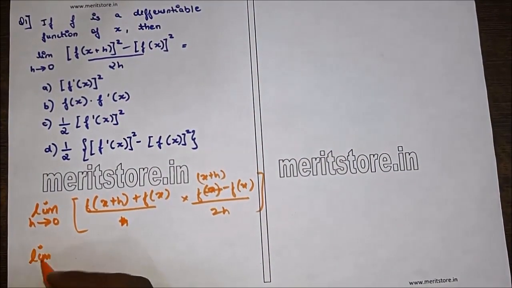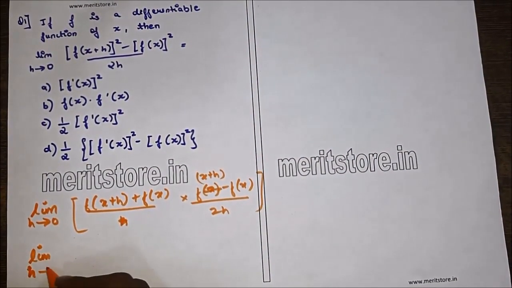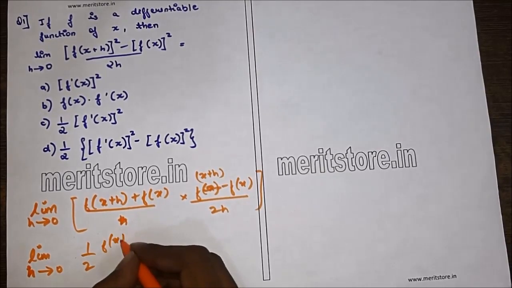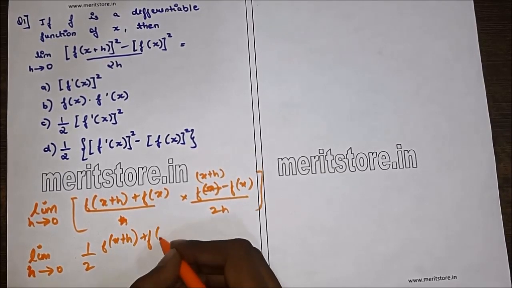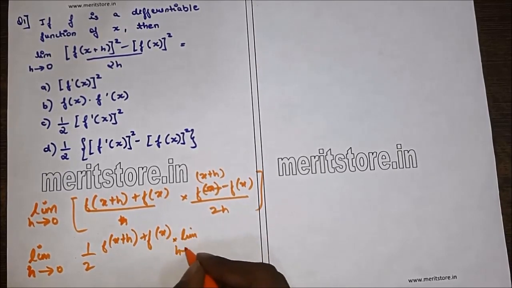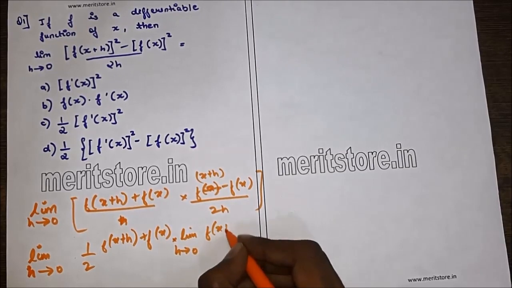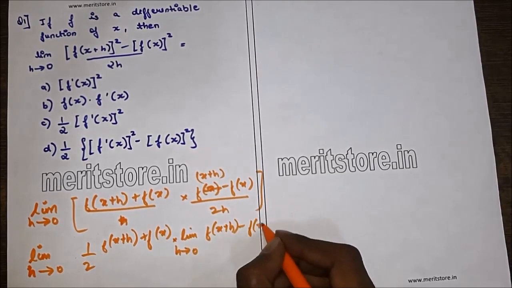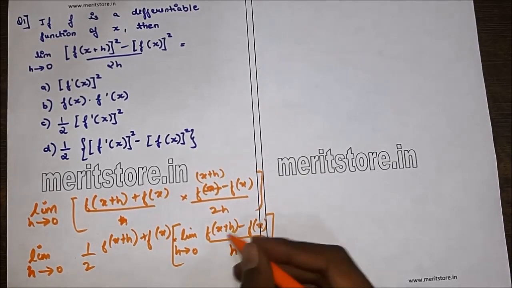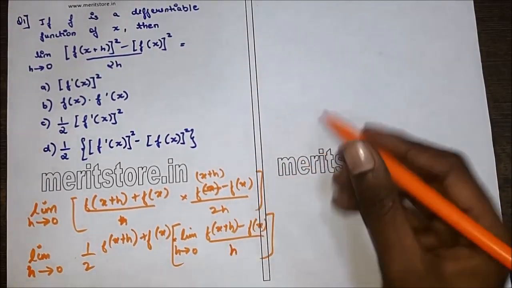This can be rearranged as limit h tends to 0, 1 by 2 f of x plus h plus f of x into limit h tends to 0, f of x plus h minus f of x upon h. Now this term is the definition for f dash of x, that is differentiation of f of x.